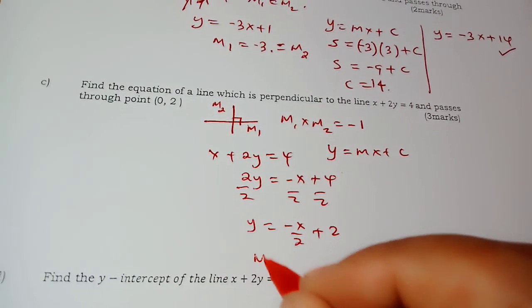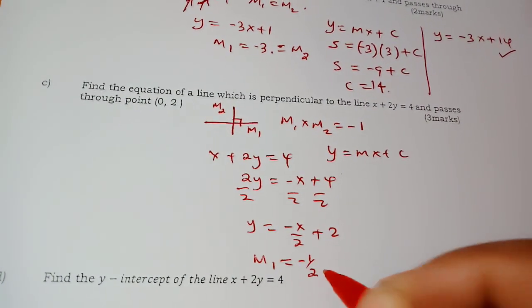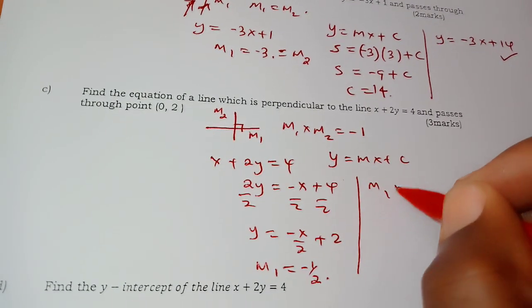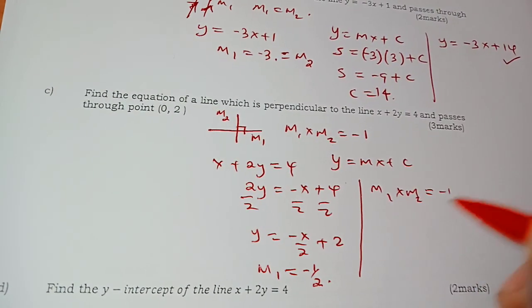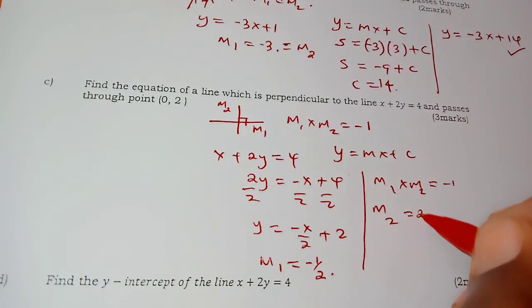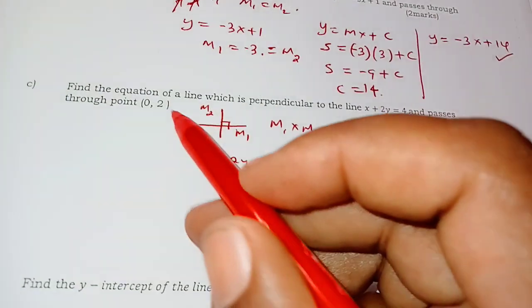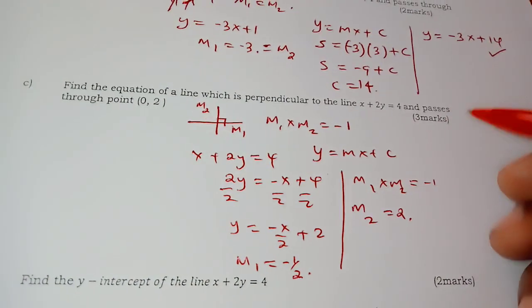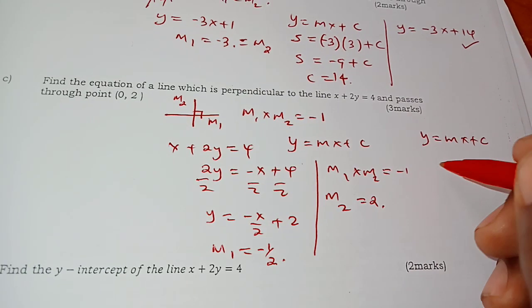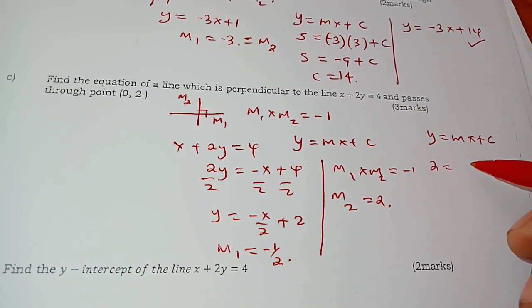Now you can see that gradient m1 is -1/2. It goes without saying that since m1 times m2 is -1, m2 will be 2. We already know that the second equation passes through (0, 2), so we again use this equation. y is 2 and x is 0.